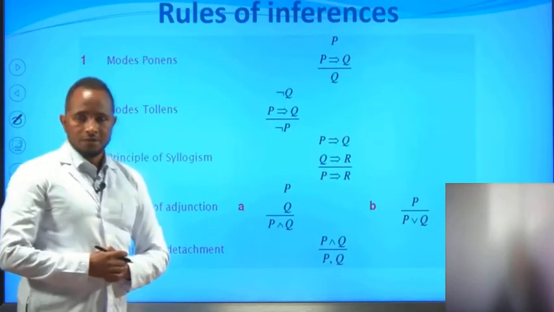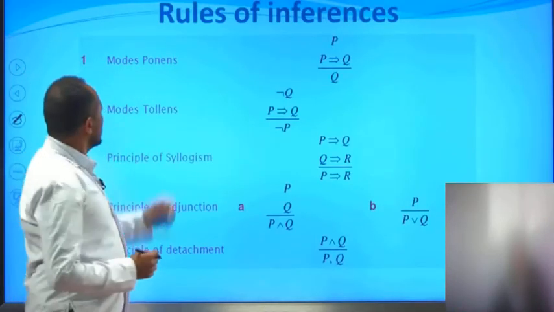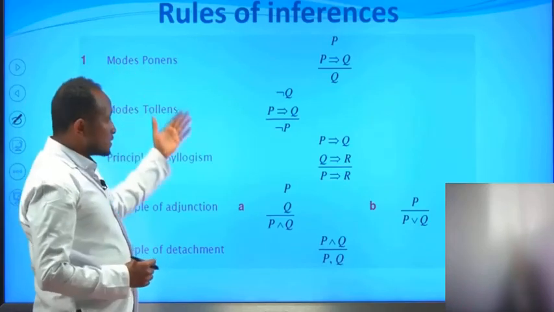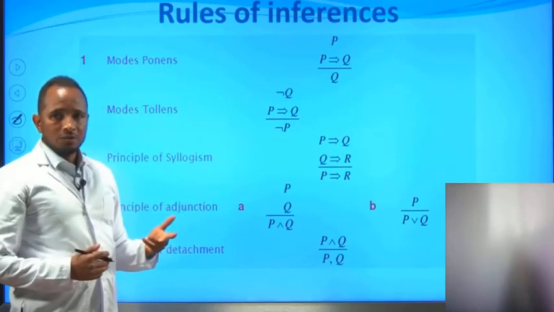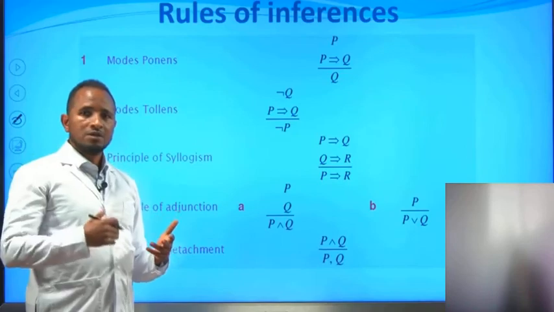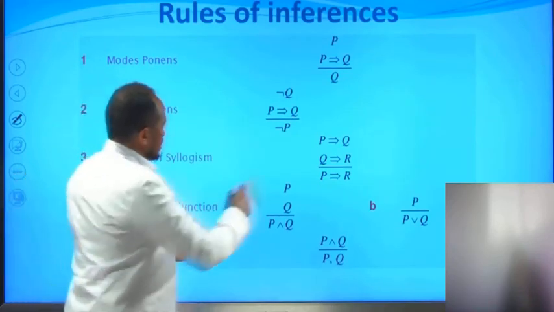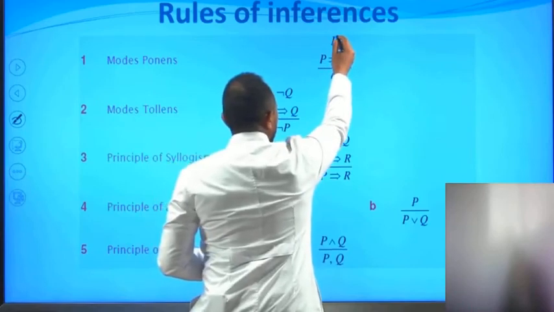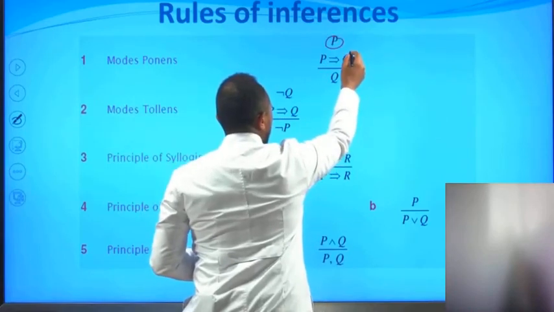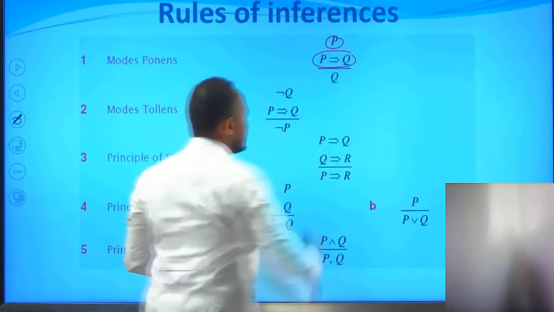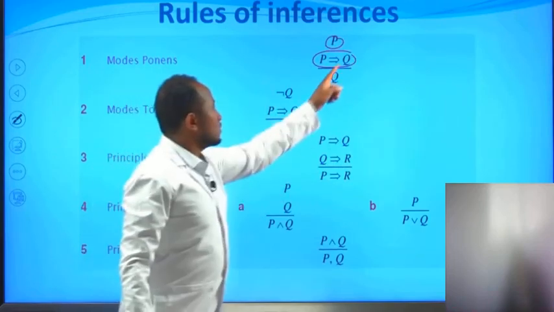Rules of inference. The first rules are important to test the validity of some complex arguments. Here, if P is true, this is a premise, and P implies Q is true, both are true, so Q must be true.